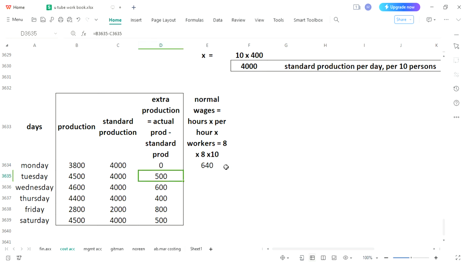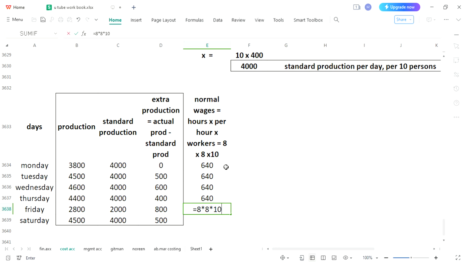As you can see, whether it is Monday, Tuesday, Wednesday, Thursday, on all days everybody has worked in a similar way. So you will be paying in the same way except for Friday, where they worked half day. So what you can do over here, the same proportion would be written: 8 hours full day, 8 per hour, and 10 workers.